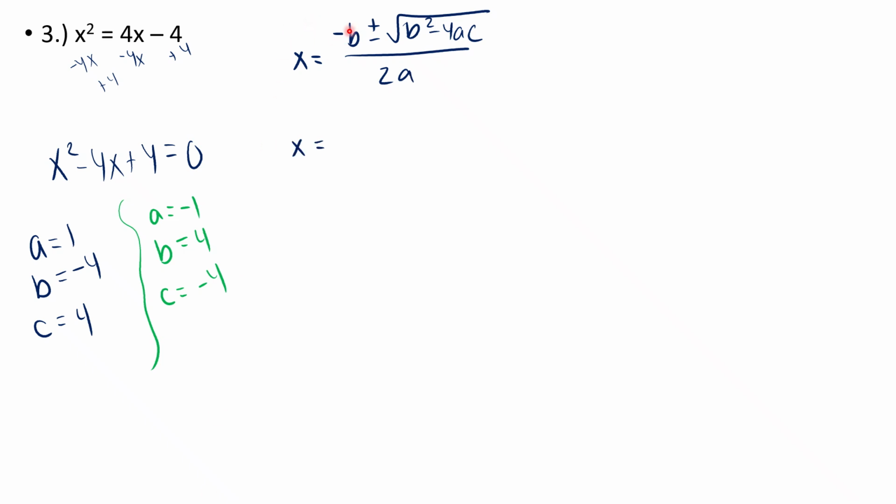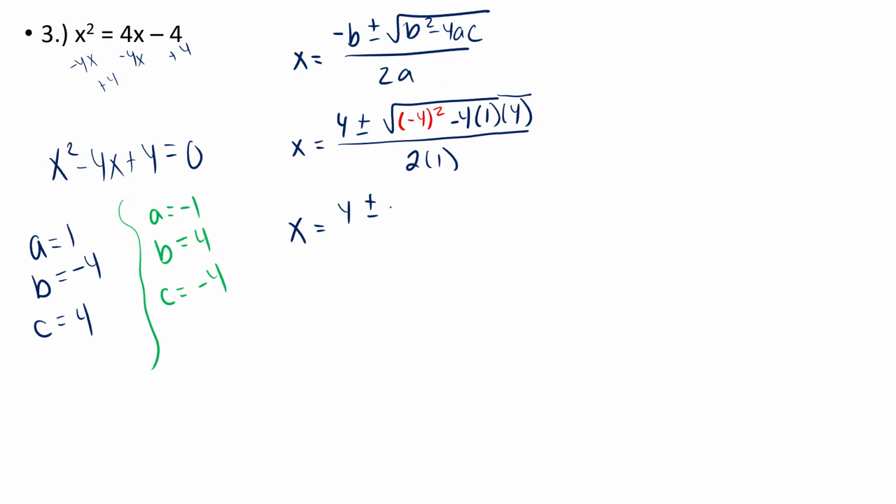The opposite of b is negative 4, and the opposite of negative 4 is positive 4, plus or minus. Again, I strongly recommend that you throw that b into parentheses. Minus 4 times 1 times 4 all over 2 times 1.